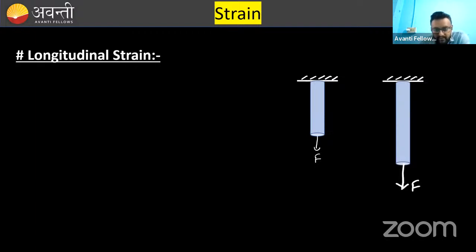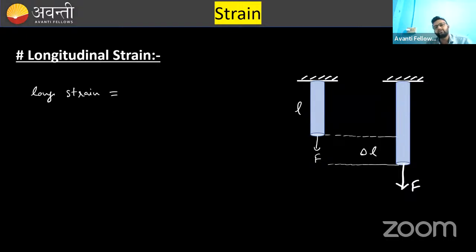Suppose the original length of the rod was L, and after applying force, it has increased by a length of delta L. Then longitudinal strain, or any kind of strain, is the change in dimension to the original dimension. What is the change in dimension?